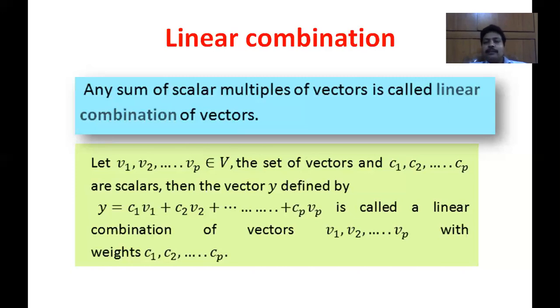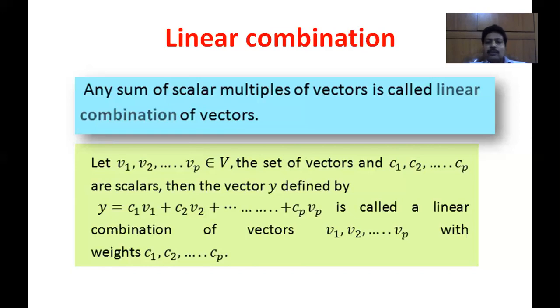So mathematically, it is very simple to explain. Let v1, v2, and so on vp belong to V. So there are p vectors, p objects in fact, in our set V, but in vector space we call the objects vectors. And c1, c2, and so on cp are scalars.